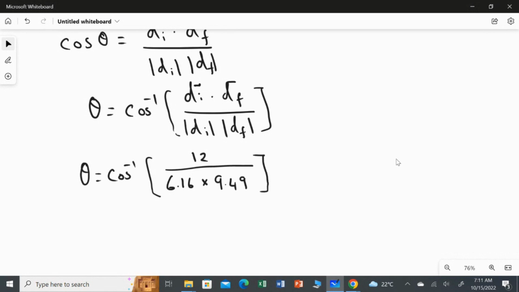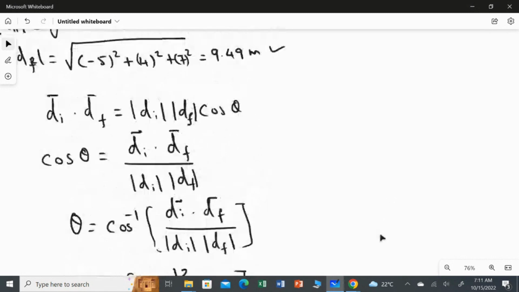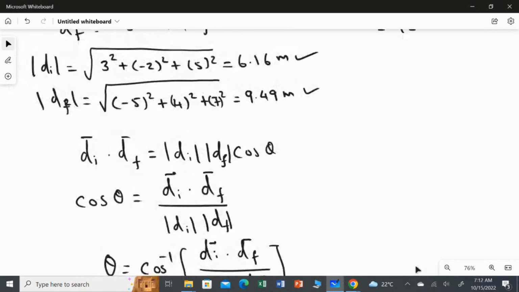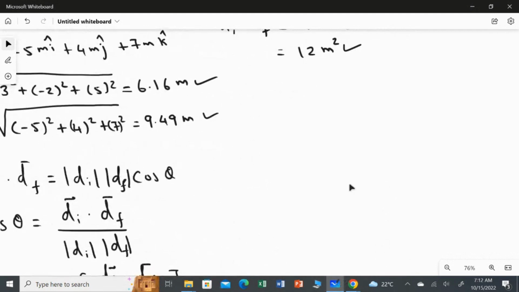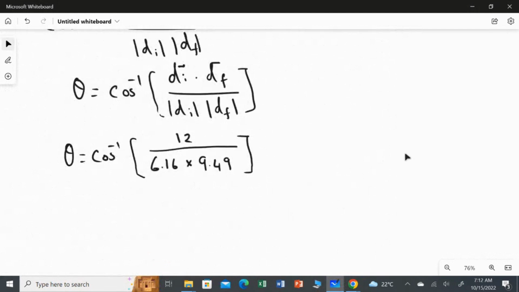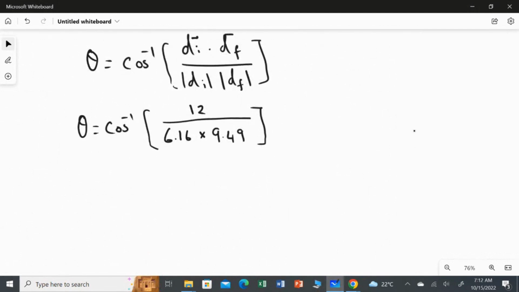If you want, you can just go back and check: 6.16 for di, 9.49 for df, and then di dot df, which is 12. So exactly the values are correct. The only thing is we are going to find the value of the angle.